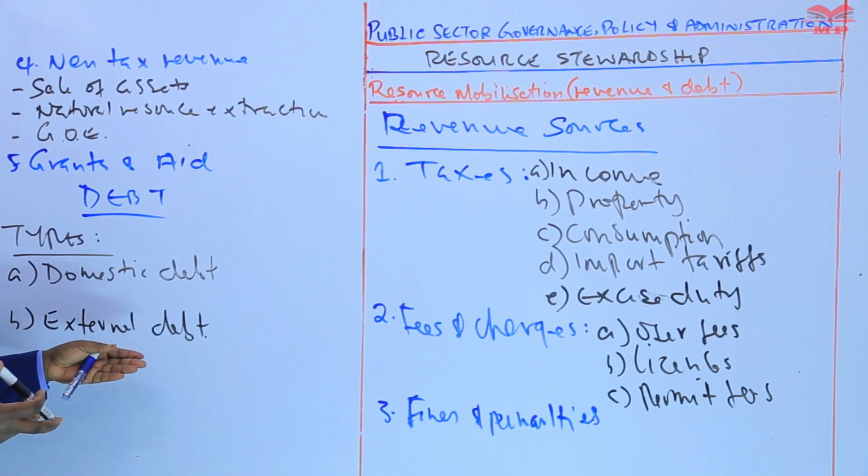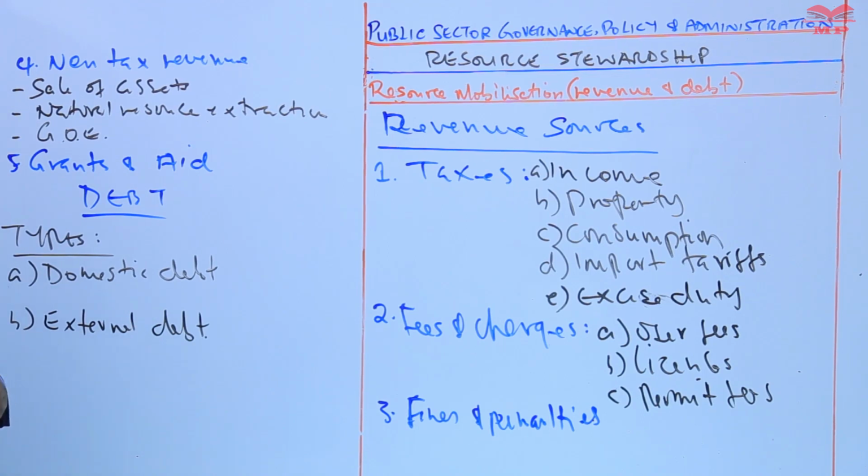Another challenge is debt servicing costs, and that includes the interest payments on debt, which can consume a significant portion of government revenue that may limit funds available for other essential expenditures.